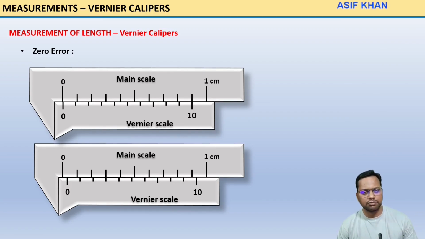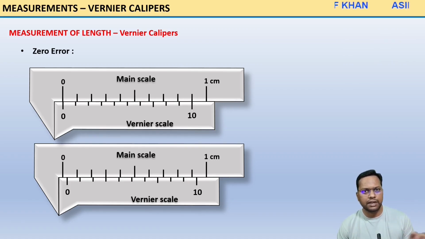Same as in the case of the measuring tape, where the zero was shifted forward by some length and the tape was said to have a positive zero error. Here the zero of the Vernier scale is shifted forward by some length. Therefore, whatever reading you take will have some extra length exactly equal to the shifted length. So we need to correct it.